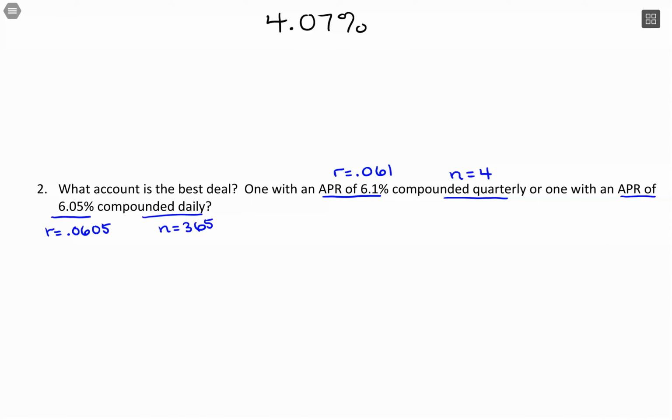So this is that case where compounding daily sounds better because it's compounding more often. However, it's at a lower percentage rate. So with that, it can be hard to see which is better. So let's compare the quarterly account with the daily account.